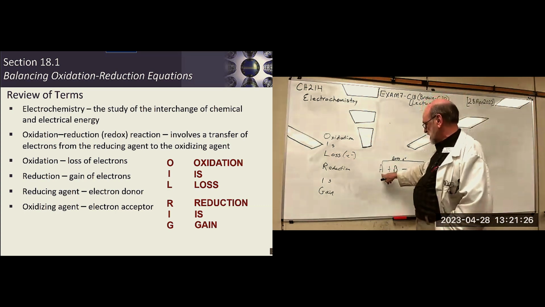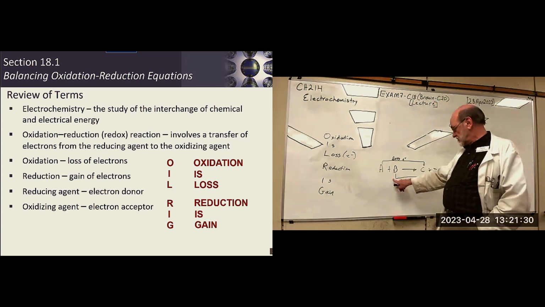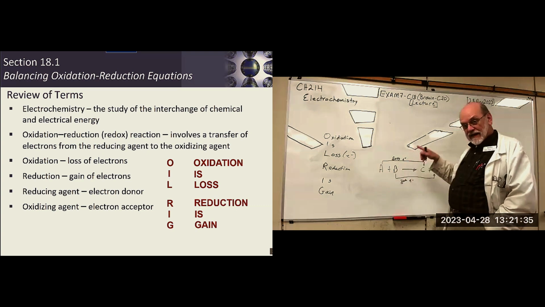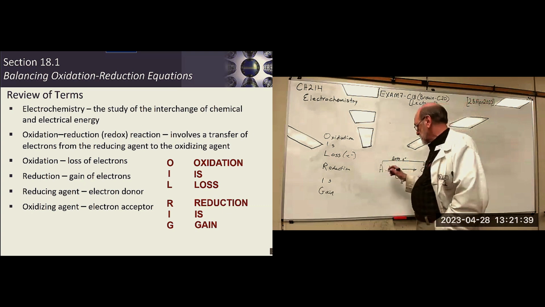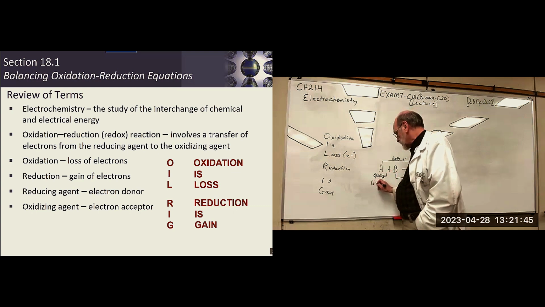This one is said to be oxidized. This one is said to be reduced. Okay. We also have another term. It's called reducing agent. So if this one is oxidized, it is the reducing agent.